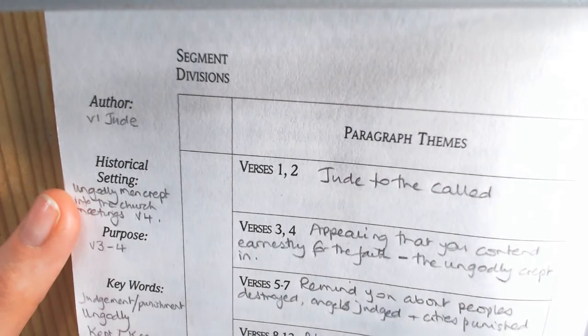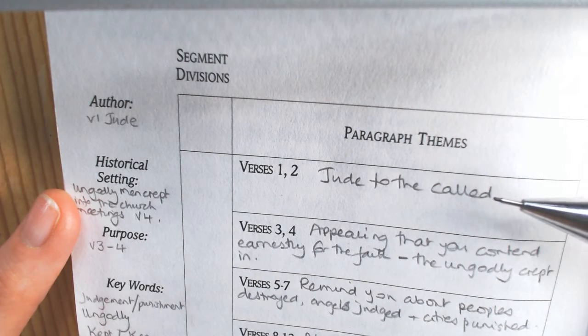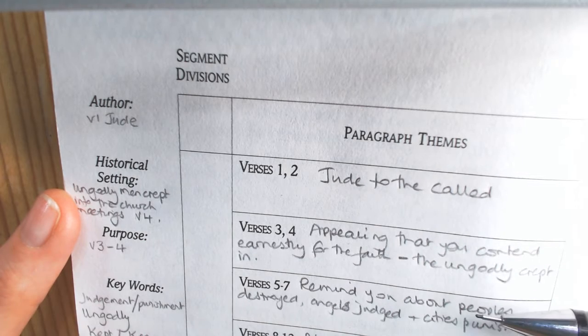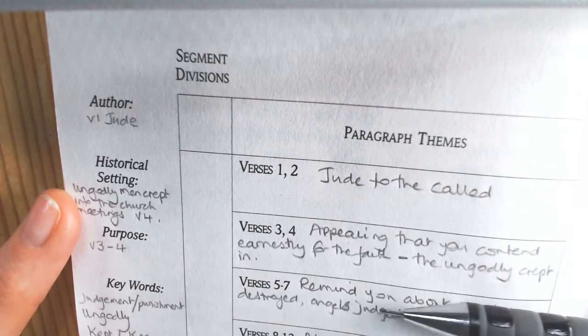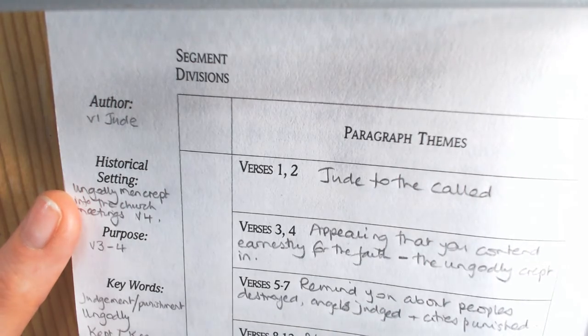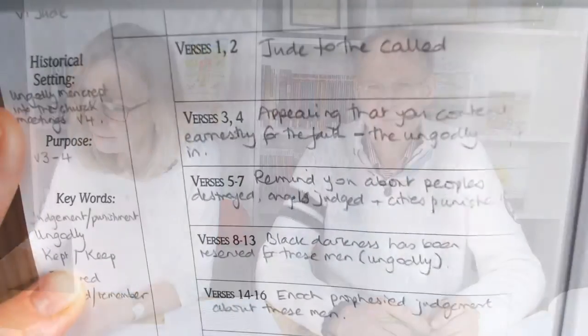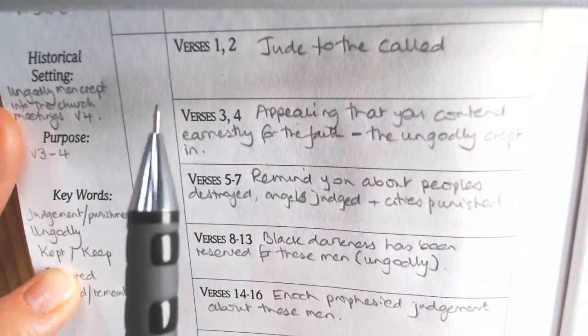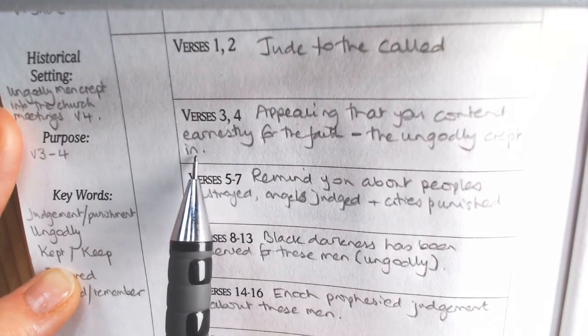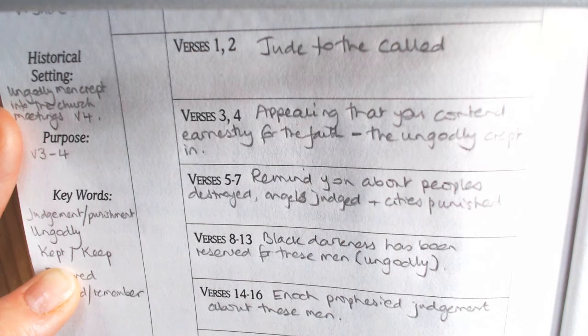One way we could do that is to see that verses 5 down to verse 16 essentially are about the ungodly. Whoops, I'm not showing you very clearly on that. So 5 to 16 is really about the ungodly. And in the first 4 verses, Jude is explaining his reason for writing.